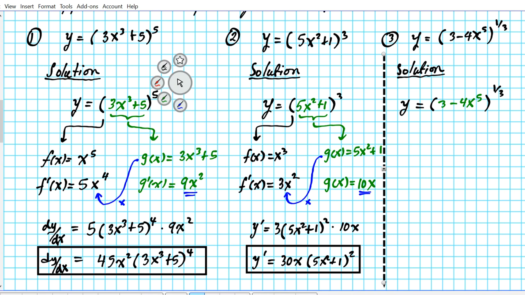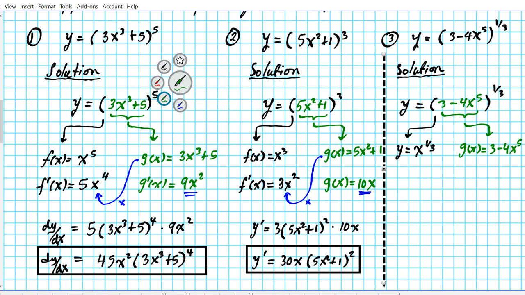So our outer function is this radical function, y equals the cube root of x, so we just write it as x to the 1/3. And then the inner function, g, is our quintic binomial, 3 minus 4x to the 5th.